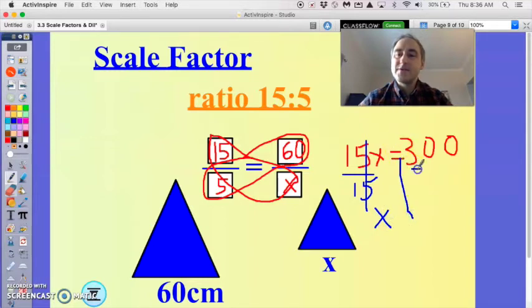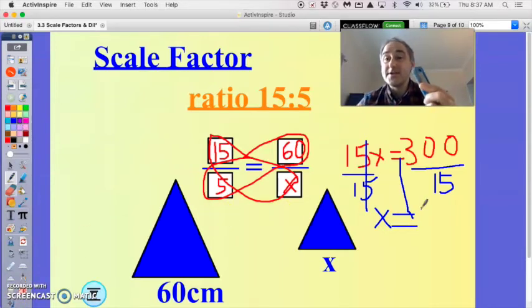But then what's important to remember is how you type this into your calculator. What's on top goes in first, divided by what's in bottom. Just like 15 comes first and it went on top, 5 came second and it went on the bottom. What is 300 divided by 15? Did you use your calculator?